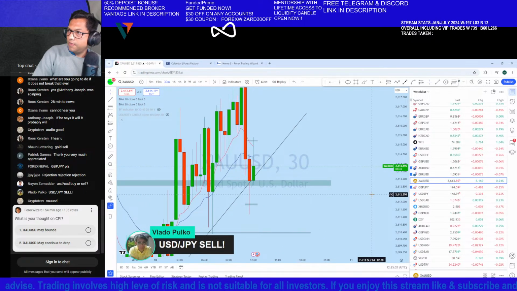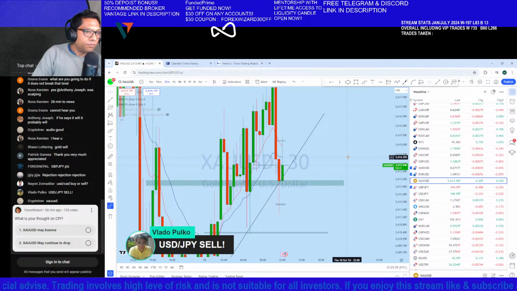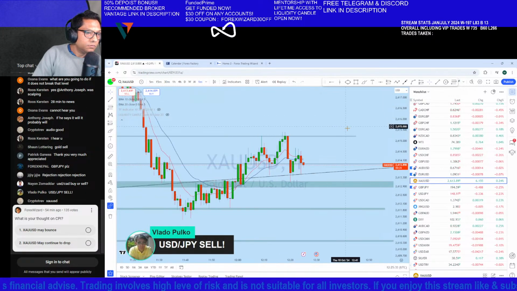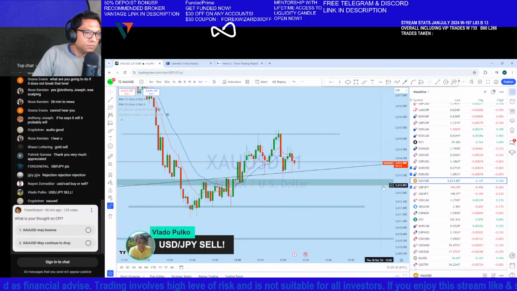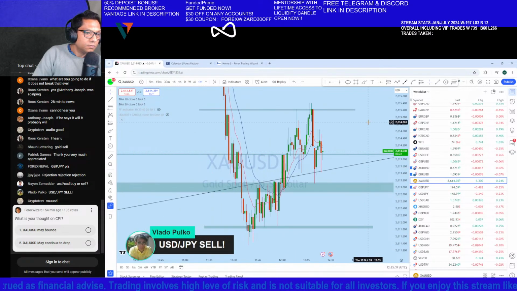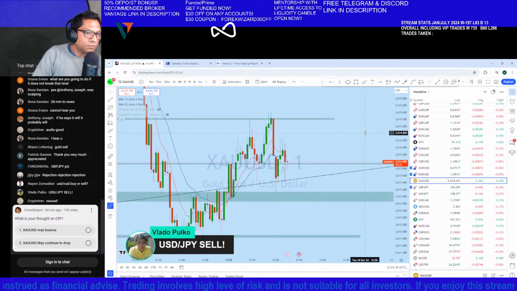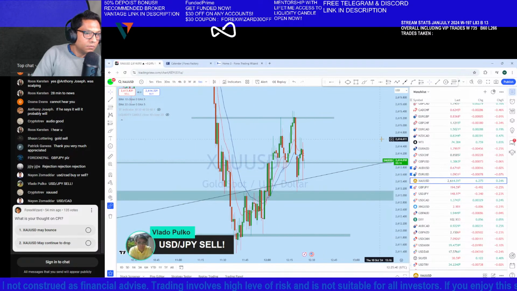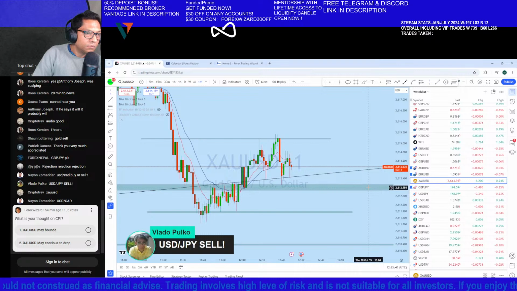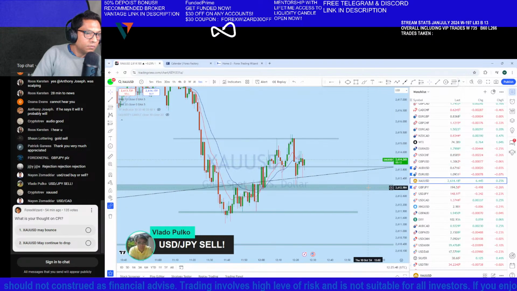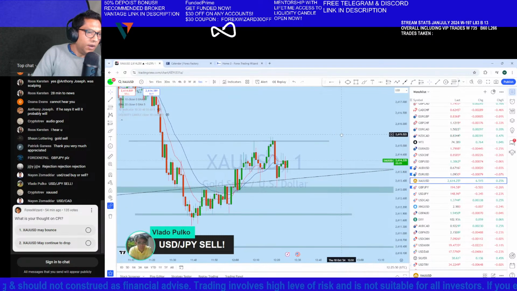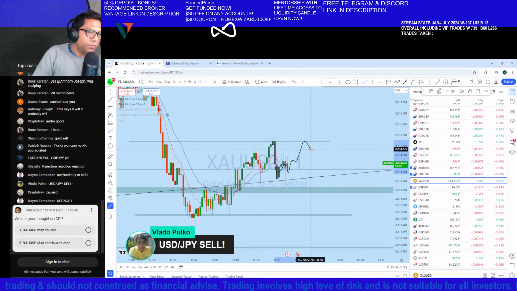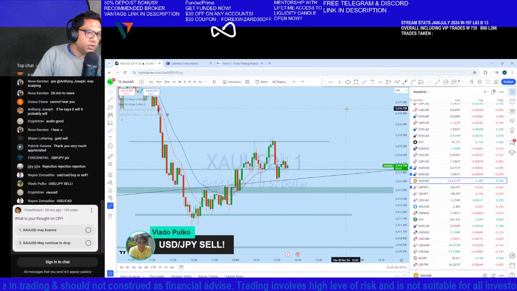So here, from this support, okay, we might see the market slowly forming a double bottom and then trending in the direction.